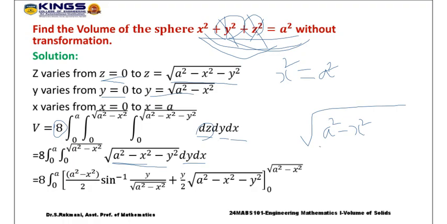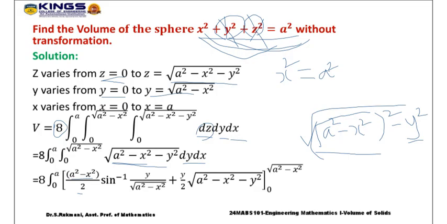Write like this: root of a square minus x square the whole square minus y square. Okay, that means this is a. a is root of a square minus x square. x is y. Okay, so first a square by 2. So root of a square minus x square the whole square, what is a? a is root of a square minus x square. So square means the root becomes cancelled, that is a square minus x square by 2.